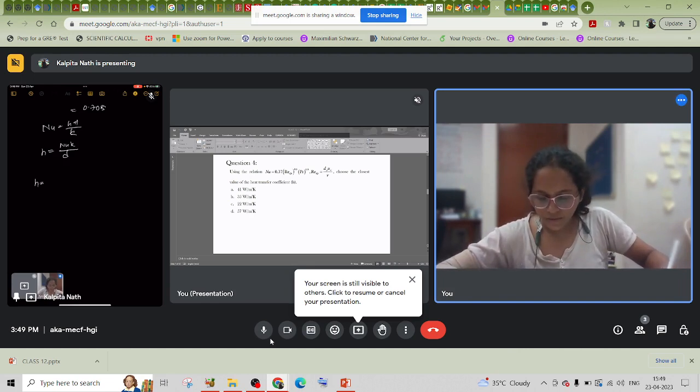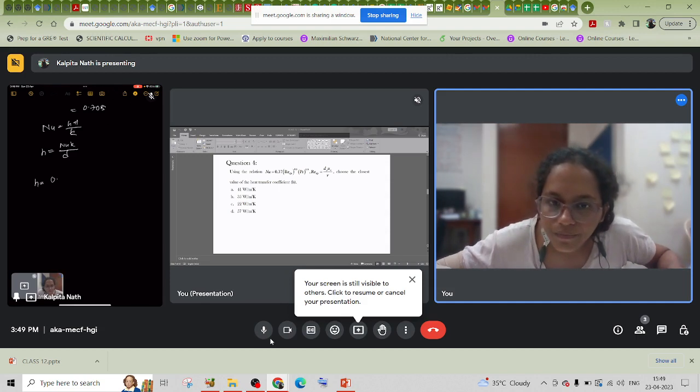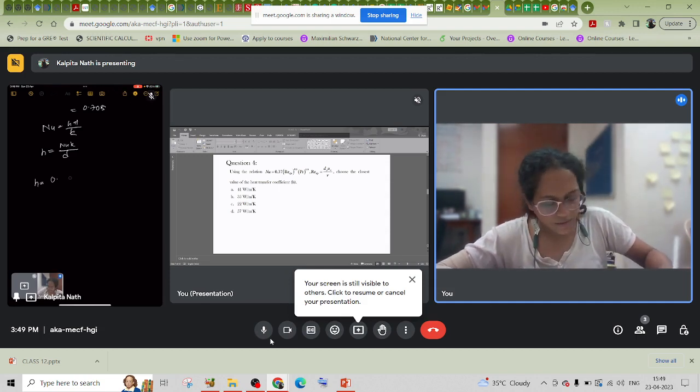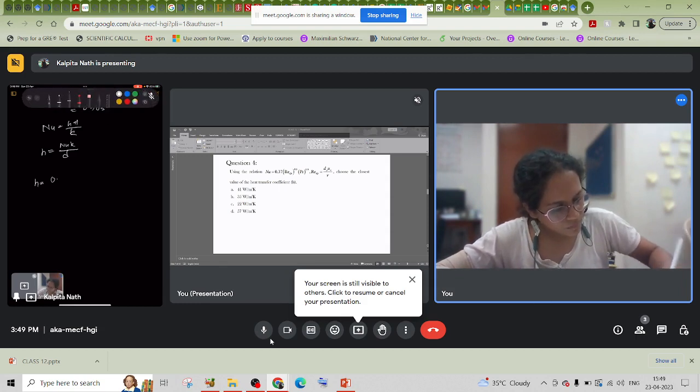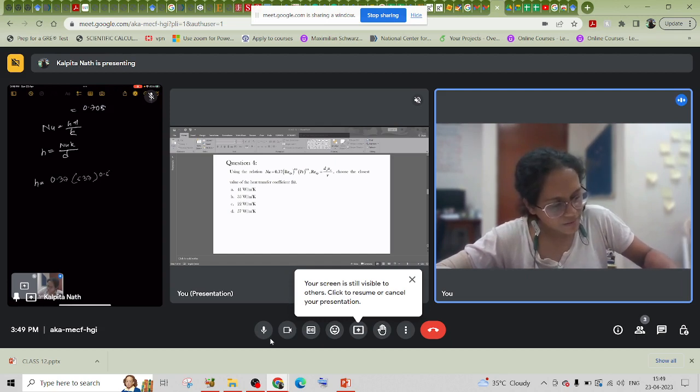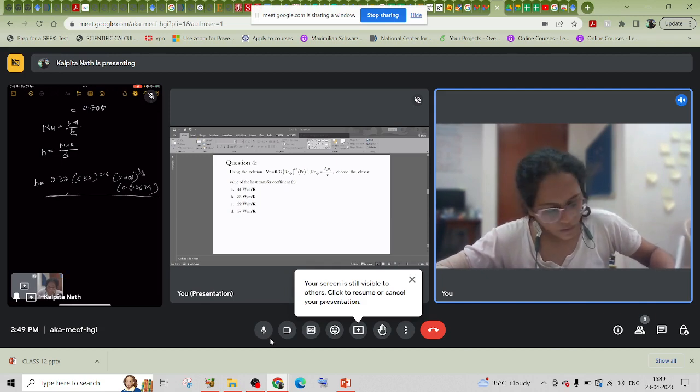So h becomes 0.37 into 637 to the power 0.6 into 0.708 to the power 1 by 3 and 0.02624 upon 0.01.